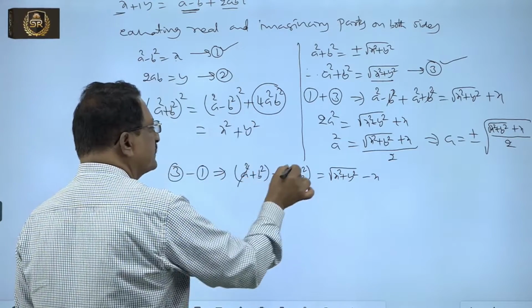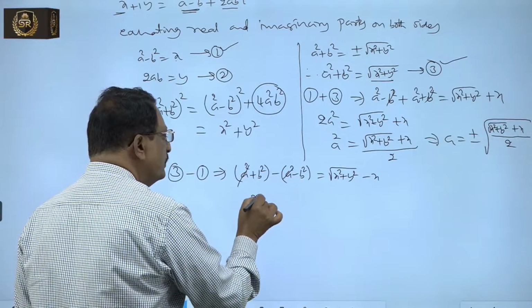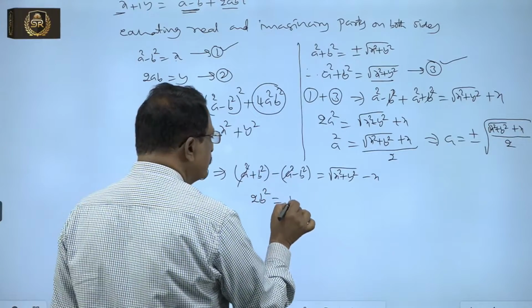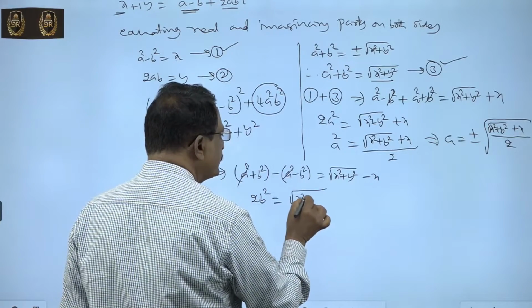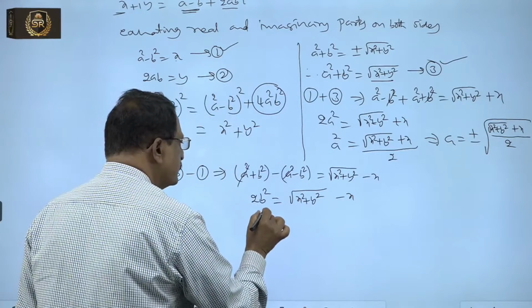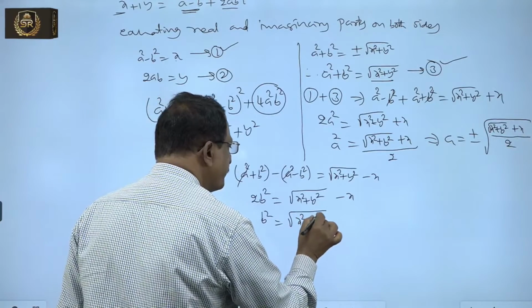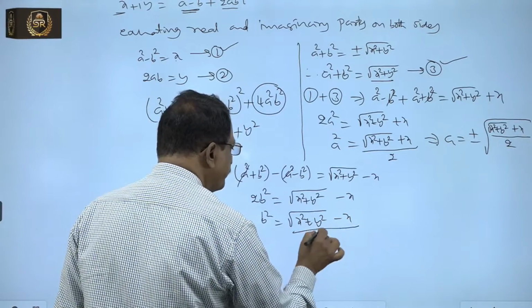Now plus a square minus a square cancel, and minus of minus gives plus b square, so 2b square equals the square root of x square plus y square minus x. Now b square equals the square root of x square plus y square minus x by 2.